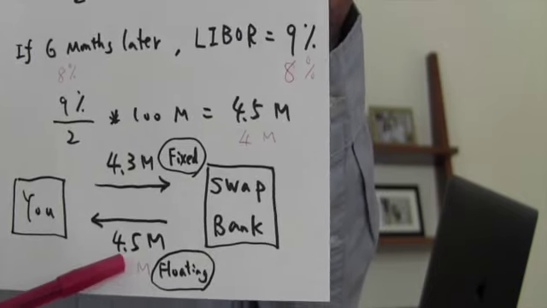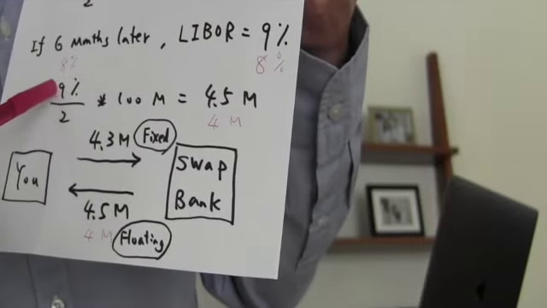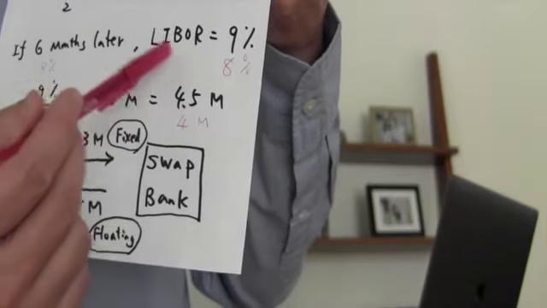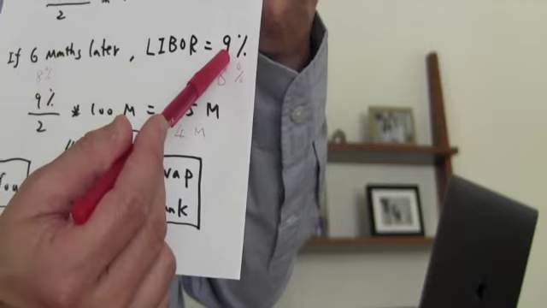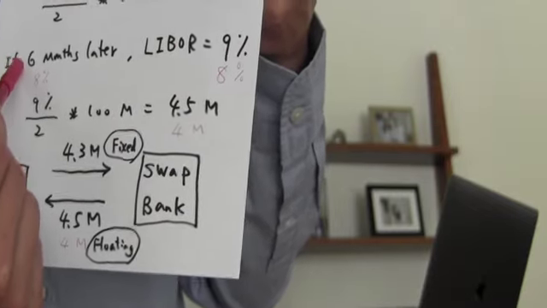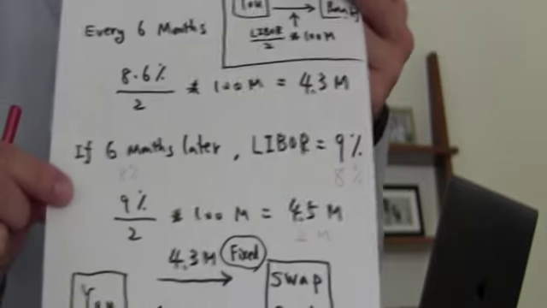Let's assume that the LIBOR interest rate turns out to be 9% at the end of the first 6 months. Then what cash flow are we talking about for the floating side?